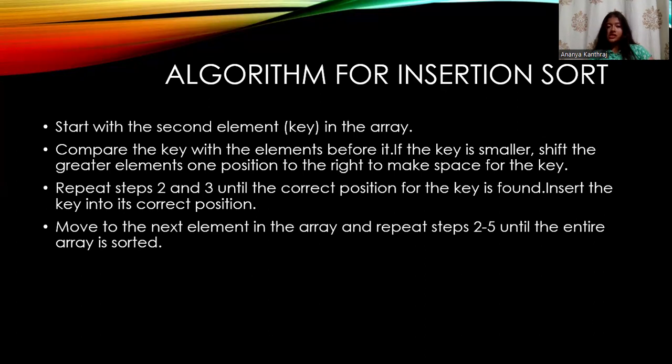Repeat the second and third steps until the correct position for the key is found, and insert the key into the correct position. And then move to the next element in the array and repeat steps 2 to 5, which are mentioned here, until the entire array is sorted.